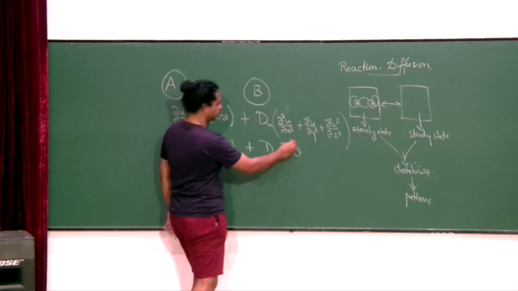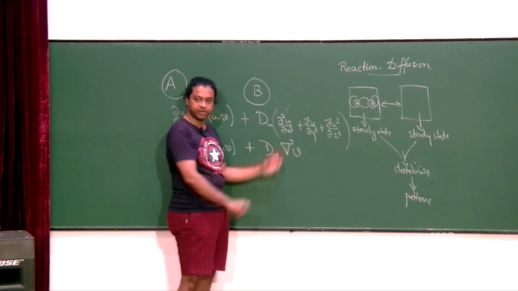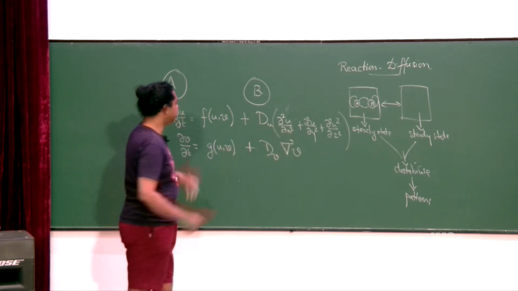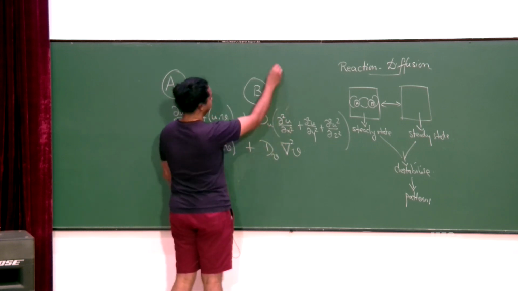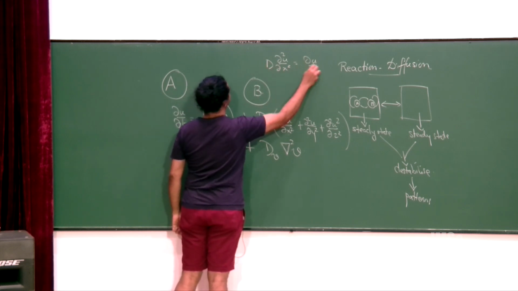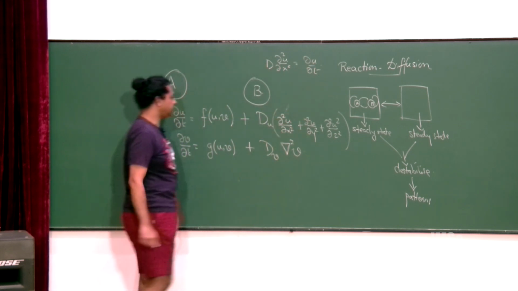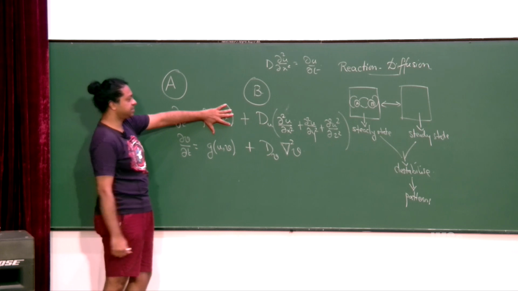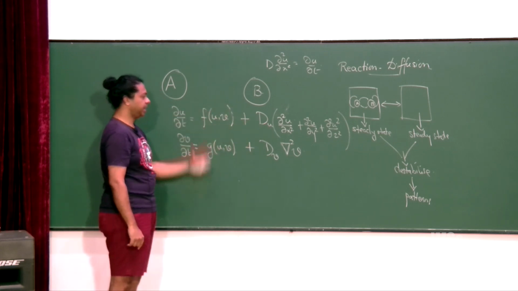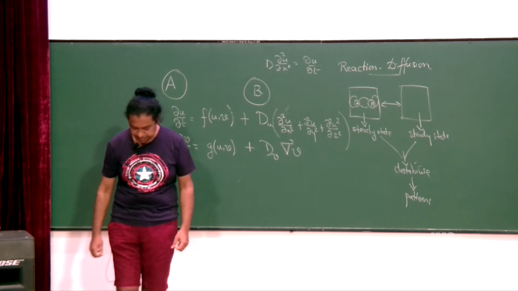So this is equivalent to this Laplacian operator. If you get confused, you can just continue to think of one-dimensional diffusion, where d del 2u del x2 is equal to del u del t. So if I did not have this reaction term, this is just my diffusion equation. Now I have this reaction term, and then we have this reaction diffusion setup.